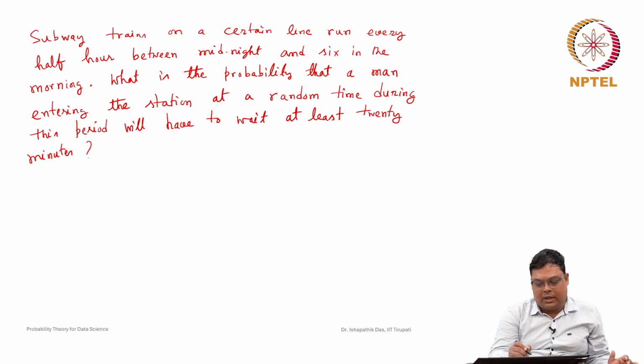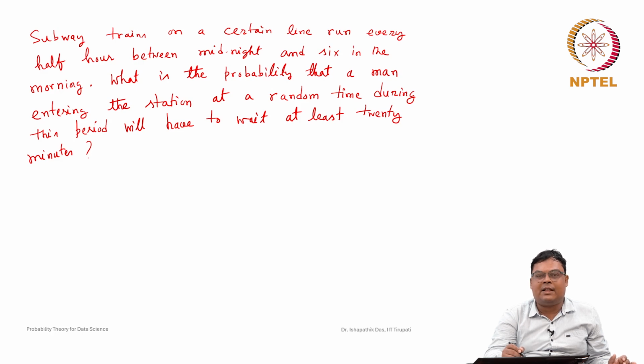Now, since x is the random variable, the problem is given here: subway trains on a certain line run every half hour between midnight and 6 in the morning. What is the probability that a man entering the station at a random time during this period will wait?